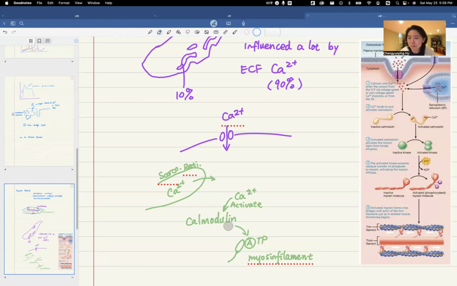Calmodulin is a special thing in smooth muscle that will eventually help with ATP attaching to the myosin and swiping. It's the cross-bridge cycle again, and contraction happens.